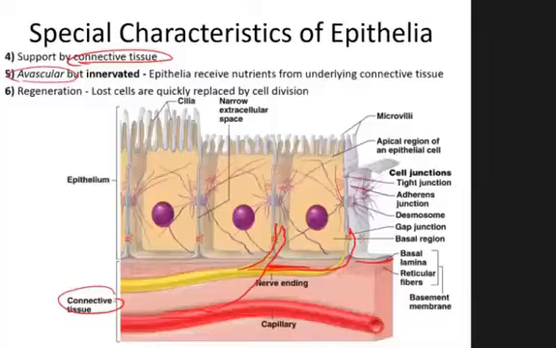And the last is going to be regeneration. So regeneration is the ability of the tissue to create new cells in the absence of a neighboring cell. For example, this cell died off. So now I got a gap between these two cells. So what's going to happen is this cell here is going to actually divide in order to fill up the gap and cover that space.